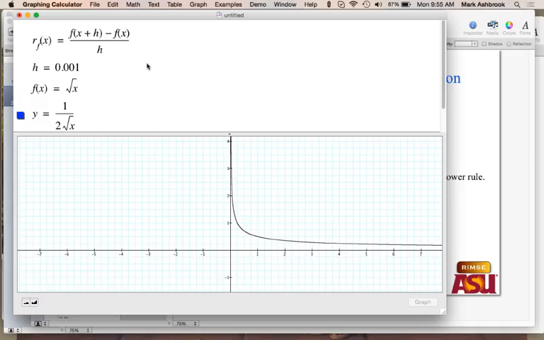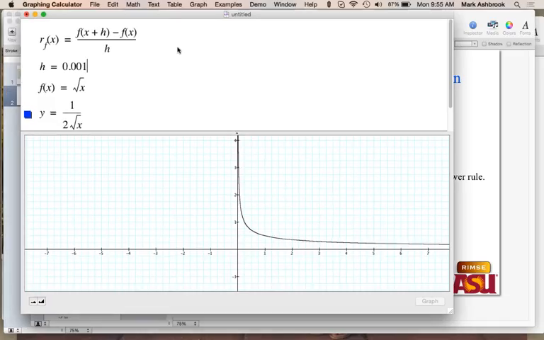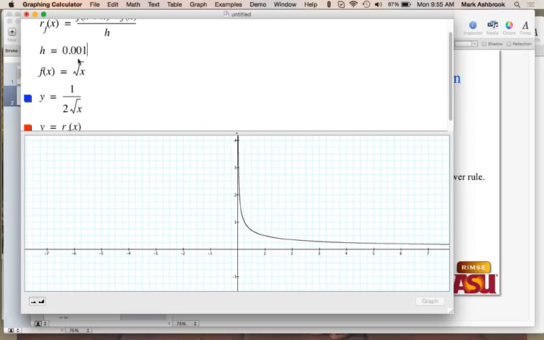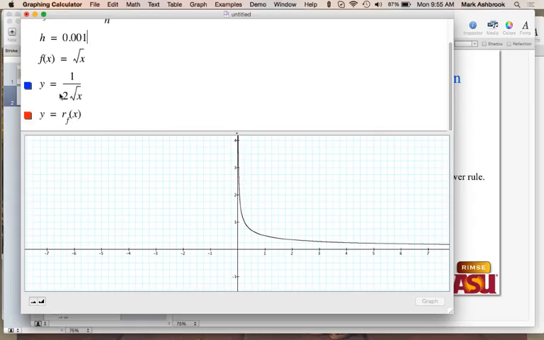You can just set up one GC file that has the rate of change of the function you're going to check, the trusted form, and a small value of h. Then here you put in the function that you had to take the derivative of, and here you put in the rate of change, and here what you got when you did the algebra. If those two agree, you did the algebra correctly.